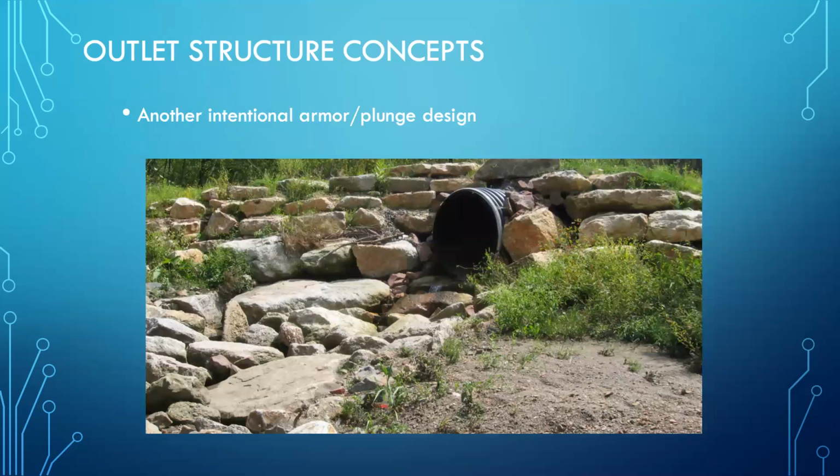Here's yet another photograph of some intentional armoring. In this case, the storm sewer pipe is here, and the engineers specified the stabilization with very large stones built around it. You can tell from this terracing that these are put here on purpose. This is not something nature just happened to do because the pipe was there.